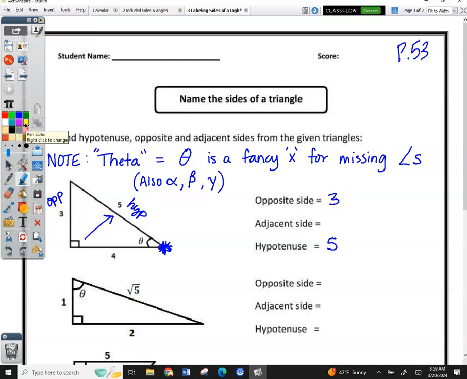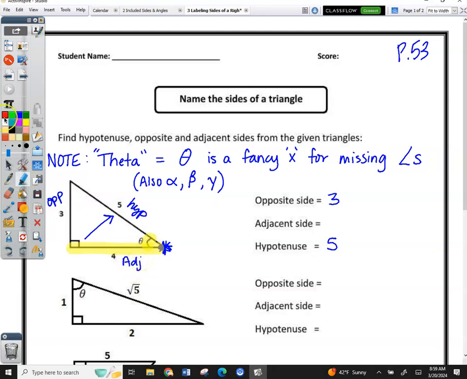If I was to draw an arc on theta, and then highlight the side adjacent, do you notice how they touch? That's how you know this is adjacent. It's also the last side left. I always label in the same order. I label hypotenuse, opposite, and I always let adjacent be last.